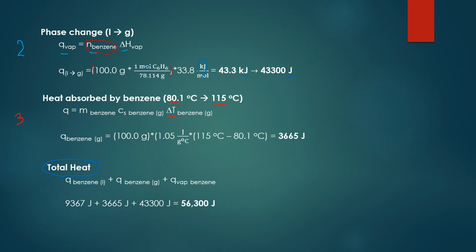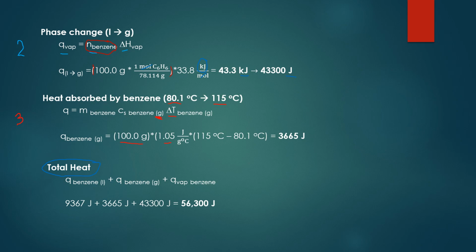Since there's a temperature change, we're using our mc delta T equation. Now we still have 100 grams of the benzene, the mass didn't change, but notice the specific heat value. Now that we're dealing with a gas, we have a different specific heat because benzene's in a gas form instead of a liquid form. So the gas form of specific heat for benzene is 1.05.